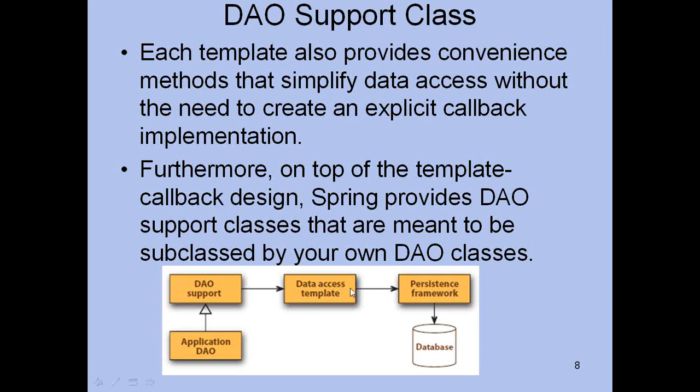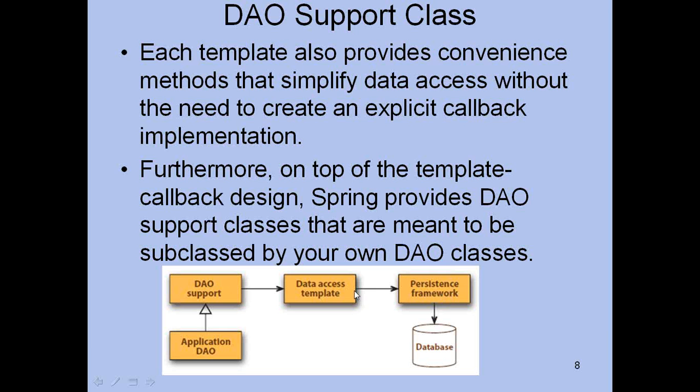Okay. So in this case, you have your DAO class here, and you extend the DAO support class provided by Spring. What it does is internally it will access the data access template, and let's suppose the persistence framework is Hibernate, which talks to the database.